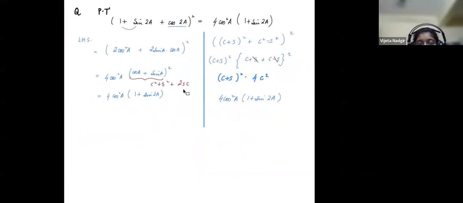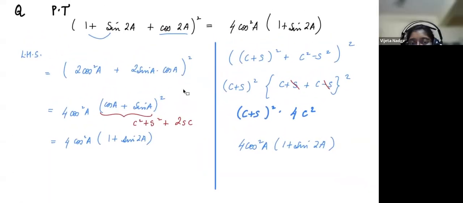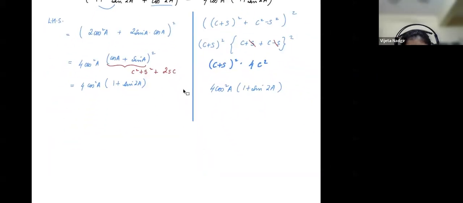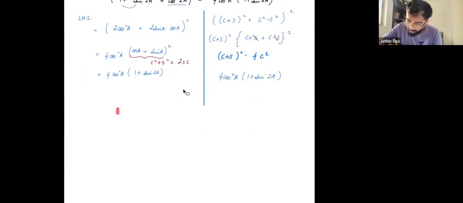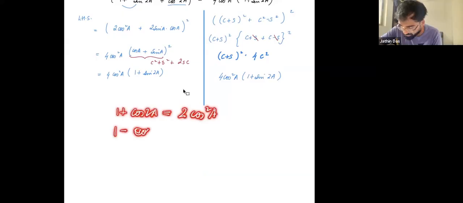But how is 1 plus sin 2a equal to cos plus sin whole square? Same thing. Again I'm telling you, 1 plus cos 2a is 2 cos square a. 1 minus cos 2a is 2 sin square a.